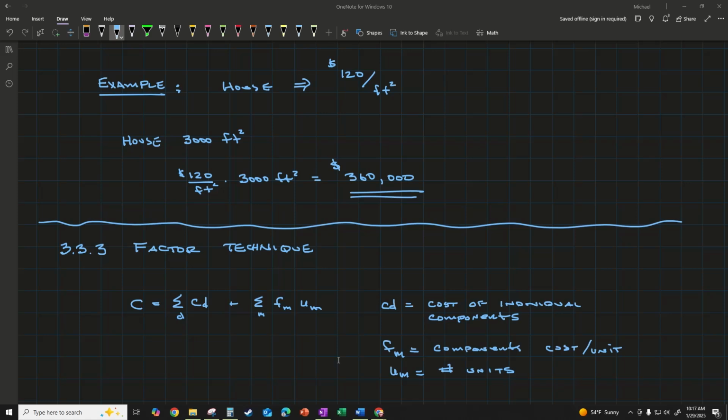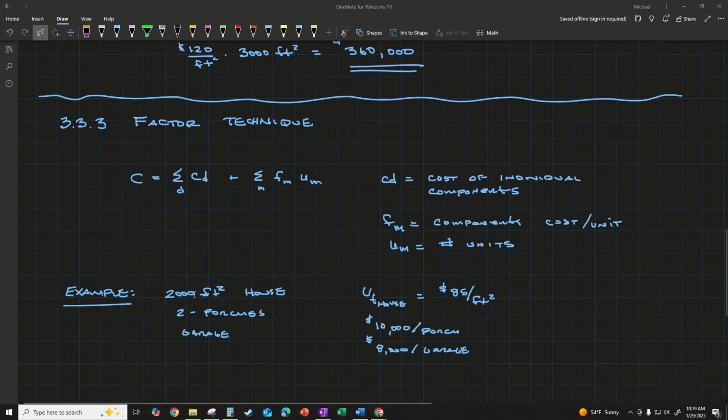C sub D is the cost of individual components, however many they are. F sub M is the component's cost per unit, and U sub M is the number of units.